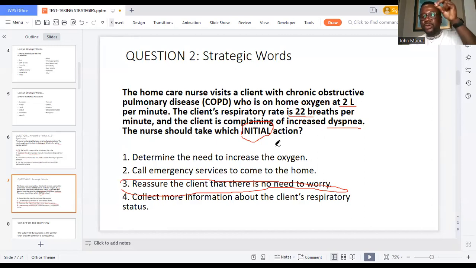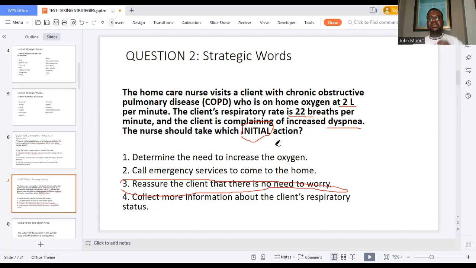There is no reason to call emergency service. That is not the first thing to do. The first thing to do is to assess this client by collecting more information. You have to assess this client before you call the emergency service or the primary healthcare provider, who will be able to determine whether to increase the oxygen or not, or to take the next action.